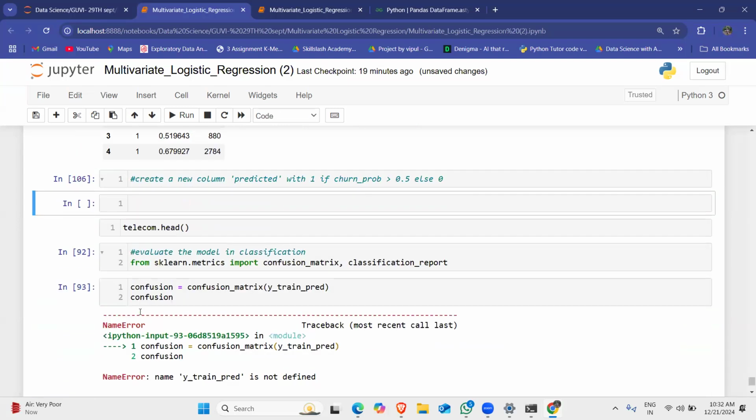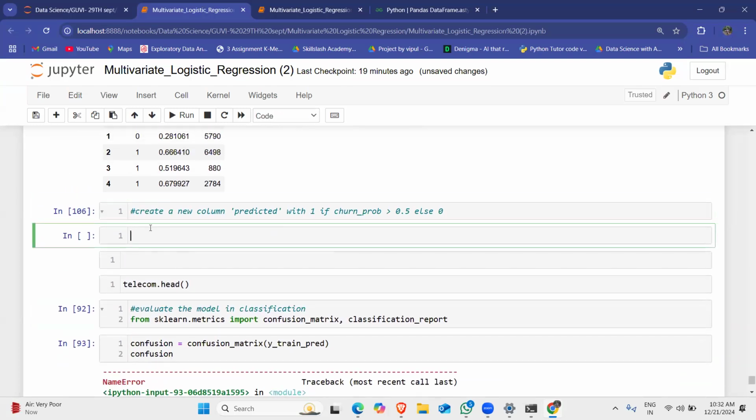We'll write y_train_pred_final of predicted is equal to y_train_pred_final.Churn_Probability.map of lambda x: 1 if x is greater than 0.5, otherwise it should be 0.